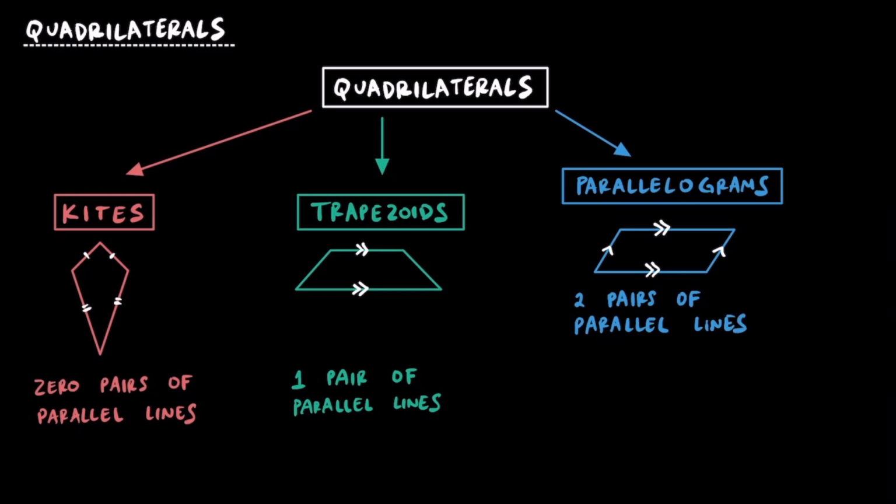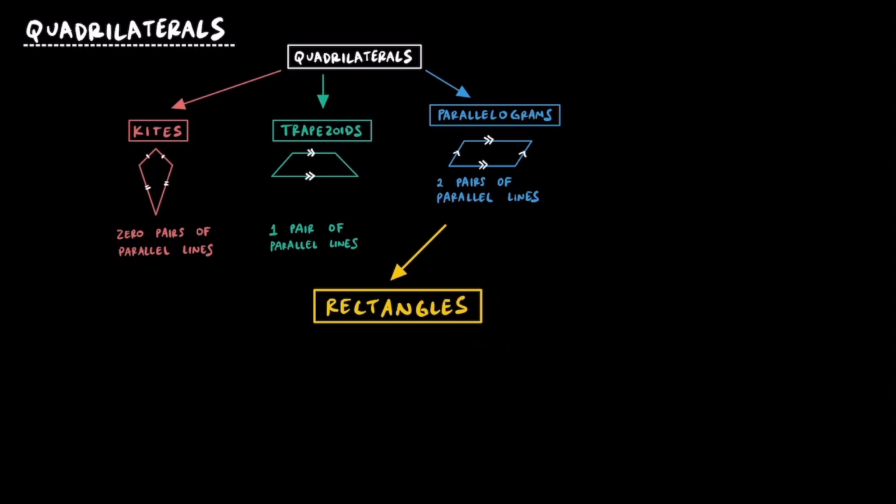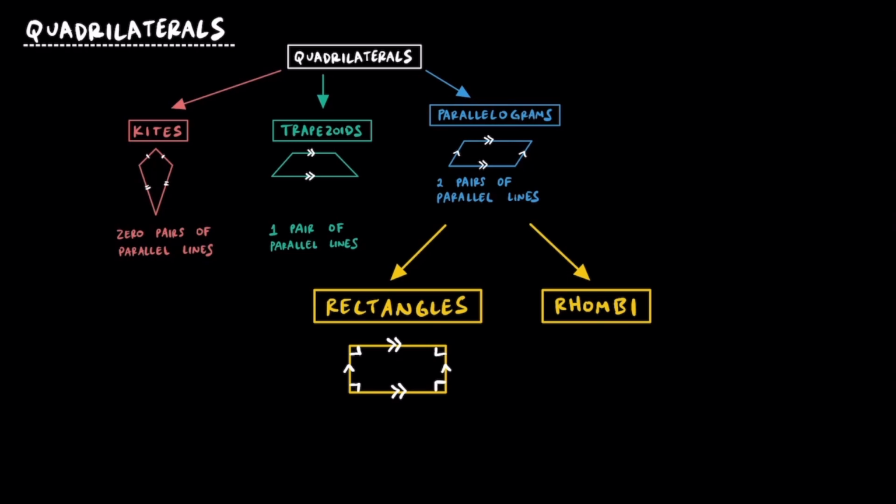Now let's look at some more specific types of parallelograms. A common parallelogram that you've probably seen a lot are these things called rectangles. Of course, rectangles have two pairs of parallel lines since it is also a parallelogram, but what's unique about them is the fact that they have 4 right angles, or 4 angles that are 90 degrees each. Another unique type of parallelogram is a shape called a rhombus, or rhombi for plural.